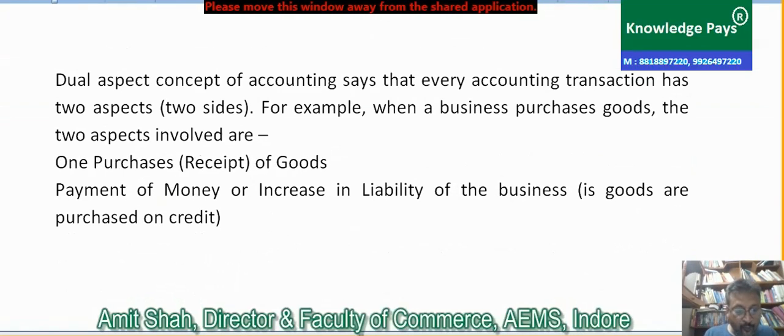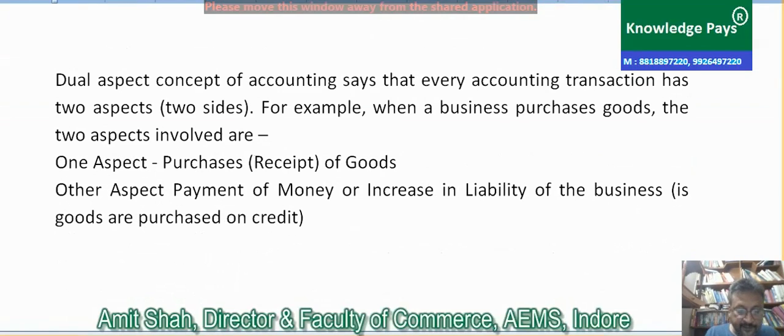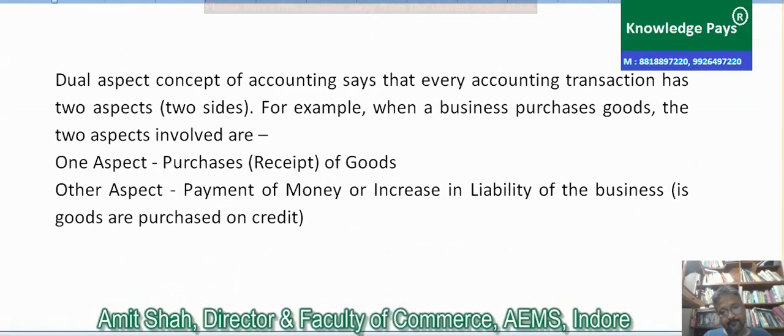So here we have one aspect, that is one side, and here we have the other aspect of the same transaction.